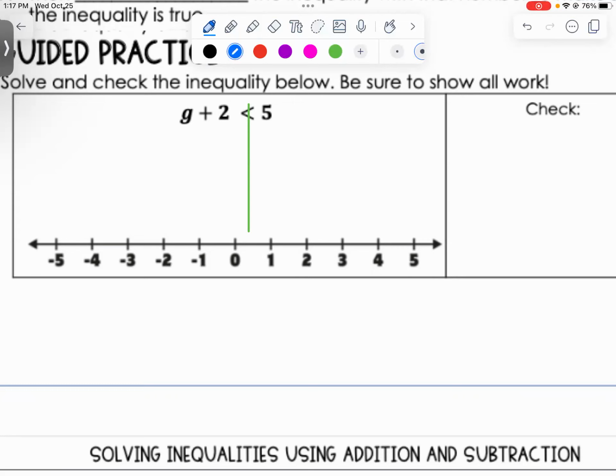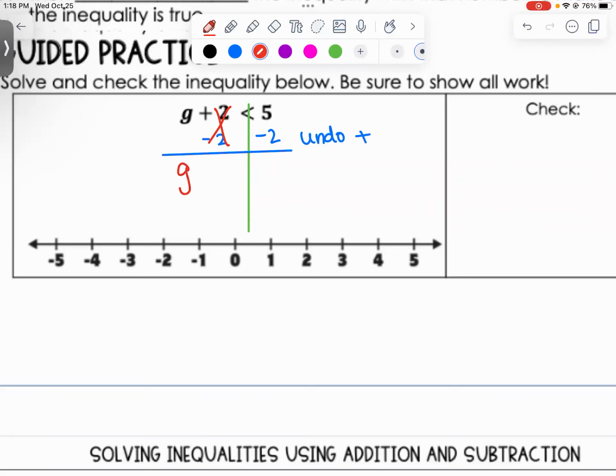Tony, what did you tell me to do to both sides? Okay, we need to undo our addition by subtracting 2 from both sides, okay? Just like with our equations, we've done the undo, the inverse operation to cancel out the +2, -2.